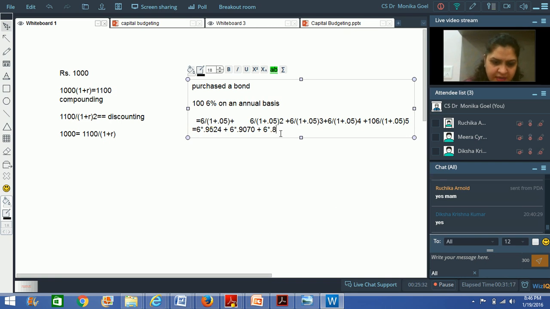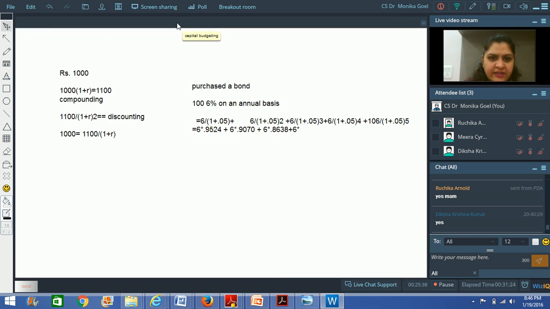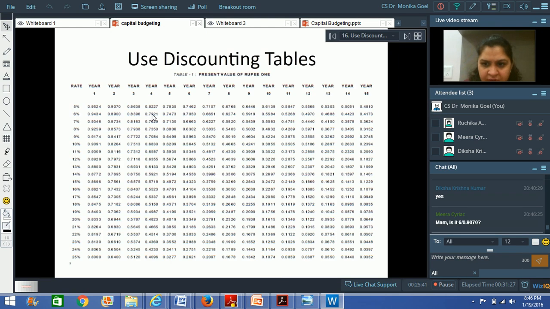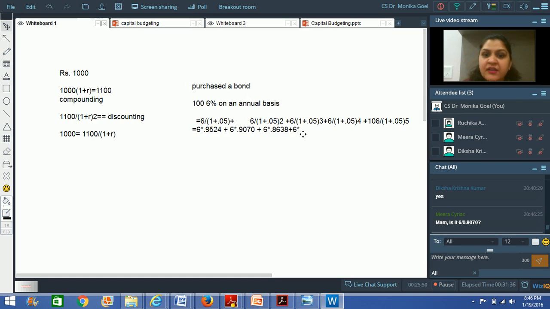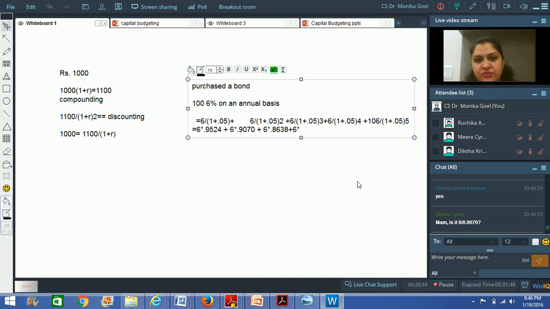So I multiply it with 0.8638. Then in the fourth year, 6 multiplied by, again I'll look at the table, it is 0.8227. Every year, because you are increasing one level of power, right?